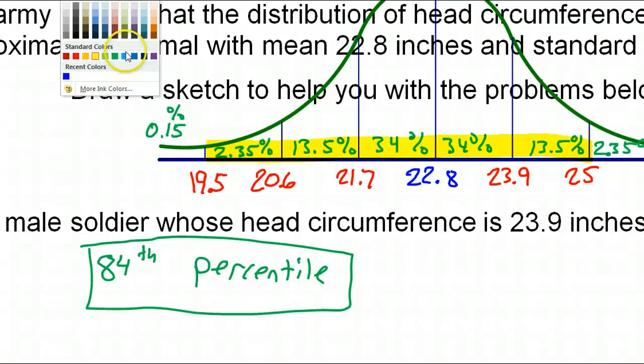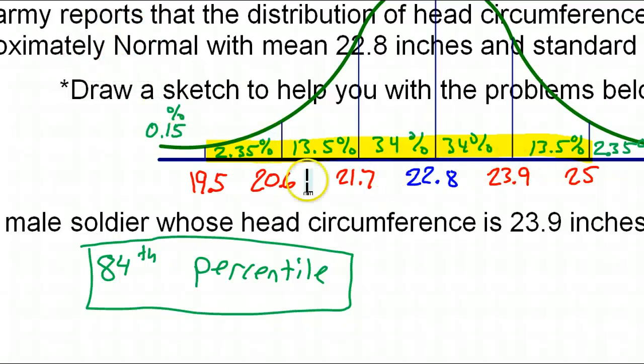But another small shortcut I could use is, look, from 20.6 to 25. This is a number that I have memorized, because that is 2 standard deviations in both directions, and I know that 2 standard deviations in both directions is 95% of the data. So that's 95% right there. That's all of this yellow that I just highlighted, except for the 2.35%.